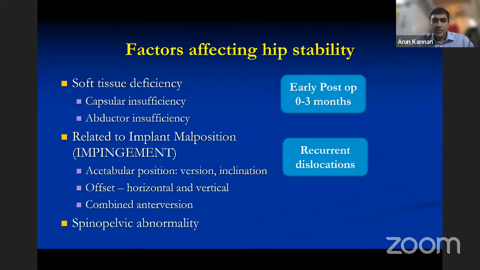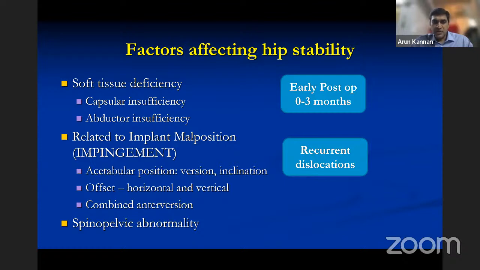If you look at factors affecting hip stability, I have divided them into soft tissue factors, which is capsule and abductors primarily, which most of the time lead on to early post-op dislocation. Next are those related to implant malposition, resulting in impingement, and that will be the prime focus of this session.